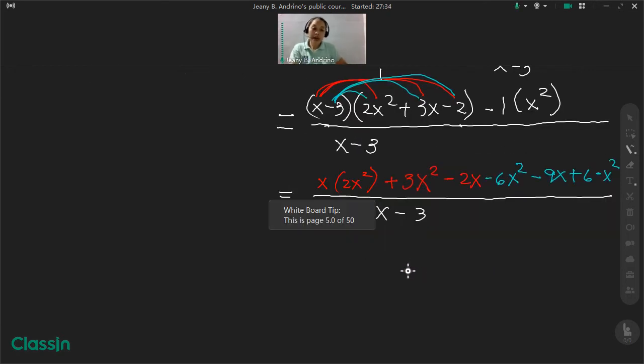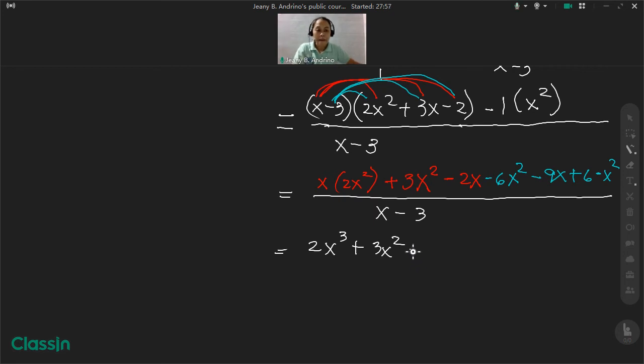Next, we go for combining like terms, or simply simplifying this one, because I failed to simplify that one a while ago, or just directly multiply that one. So we just have to simply multiply this. This is x times 2x squared. This is 2x cubed plus 3x squared. So let me put all those with squares on it. So we have 3x squared minus 6x squared.